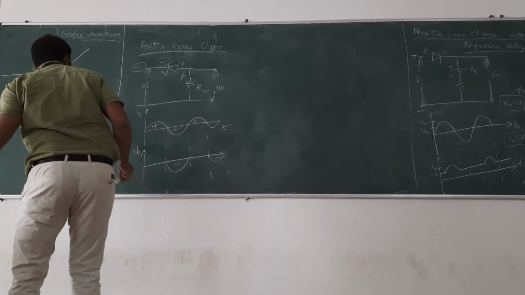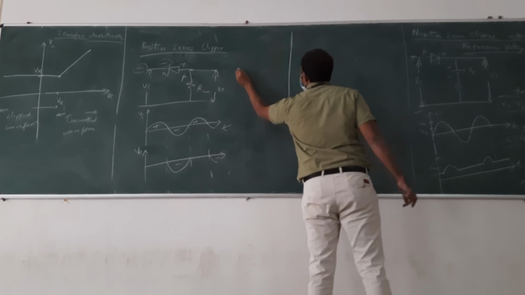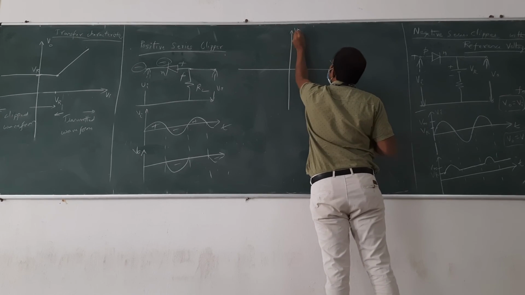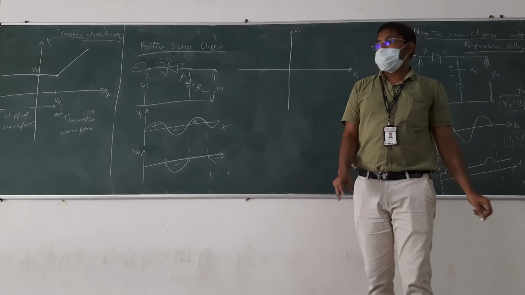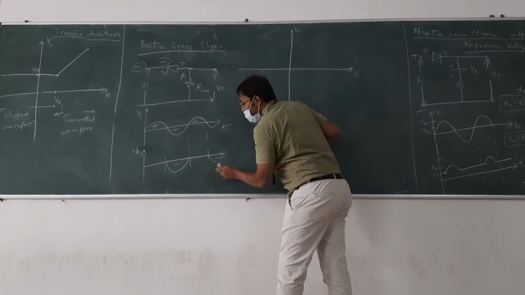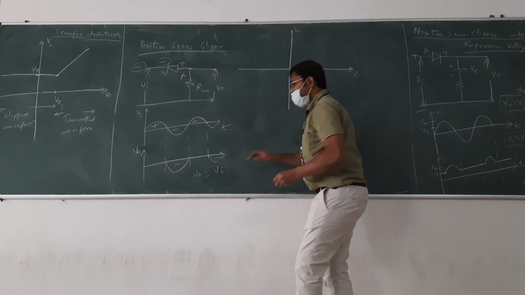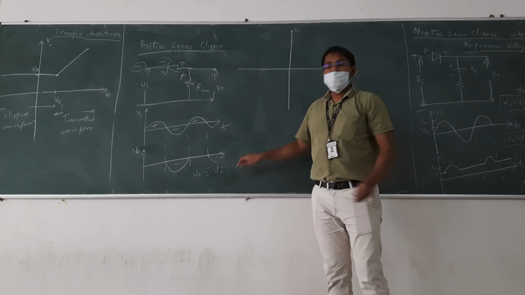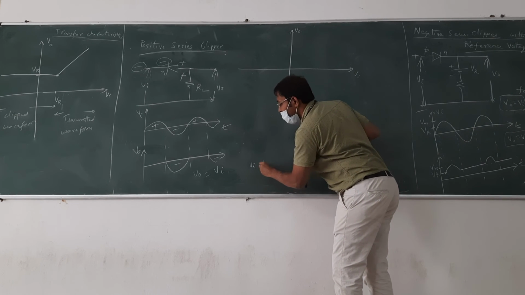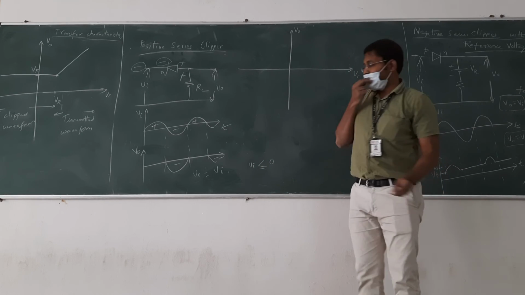Okay, so next, how will the transfer function be? First of all, let us write the expression for V0. For which case is V0 equal to Vi? For Vi less than or equal to 0.